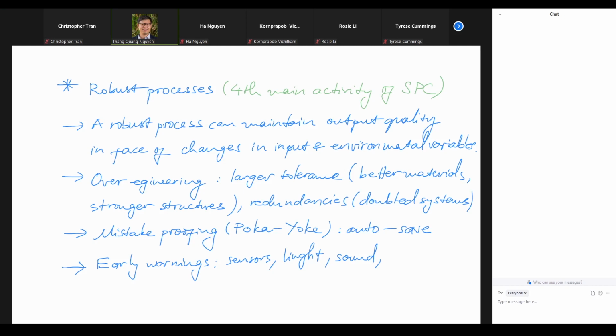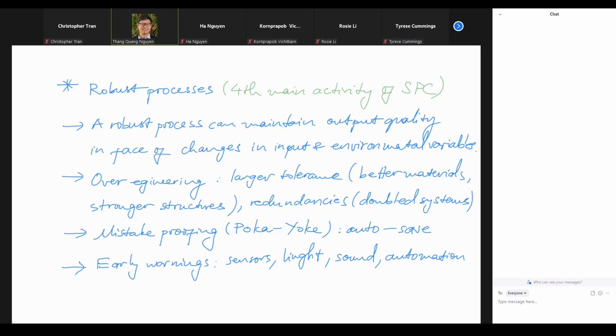Okay, so if you look at the back of a McDonald's restaurant, at the kitchen, you will see a lot of lights and sounds. All of those are alerts to the workers so that they can stop cooking the food. Otherwise, the food will get burnt, right? And a lot of the time, we use automation.